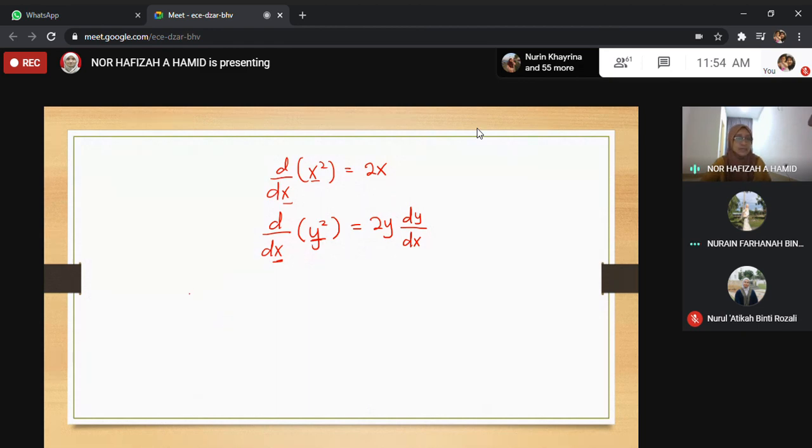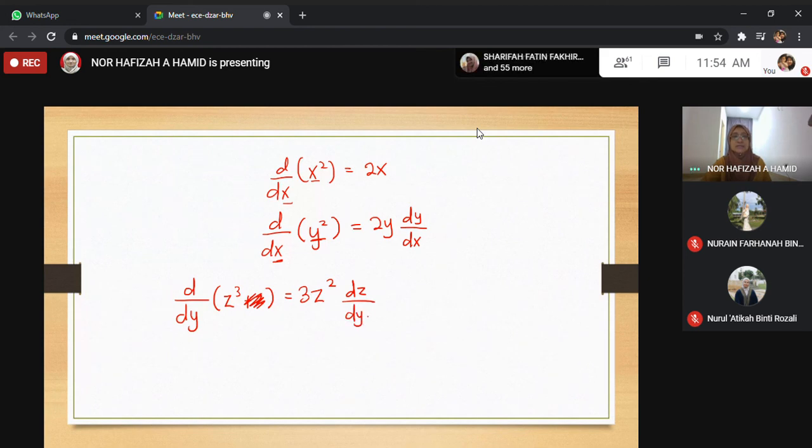So next example, you boleh juga kalau nak respect to another variable, contoh d over dy, tapi function dia z cube plus z contoh. So z cube differentiate you akan dapat 3z square. Lepas tu you kena add dz over dy.